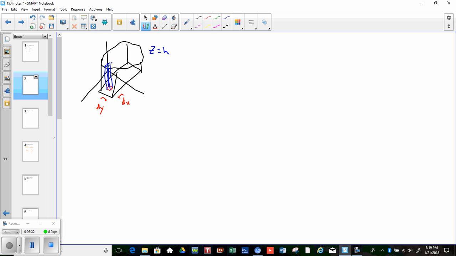And remember that this rectangular prism that's formed here, the volume of a rectangular prism, of course, is length times width times height.